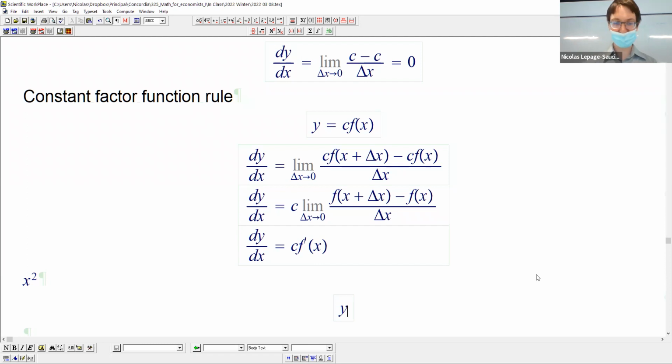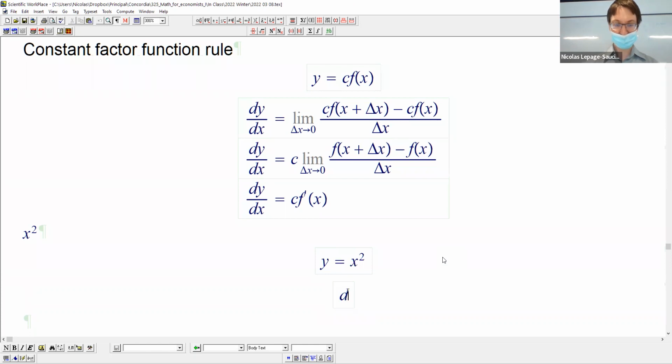So y equals x squared. All right, so let's apply our definition again. So dy/dx.